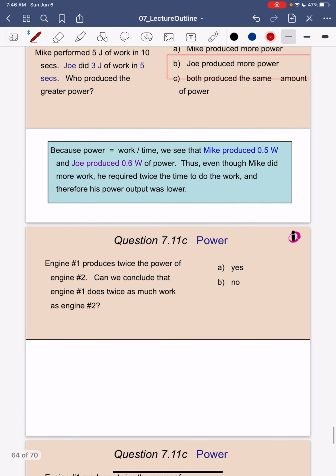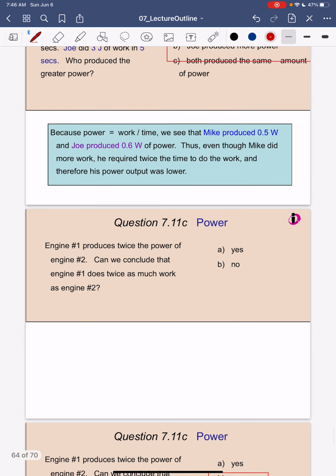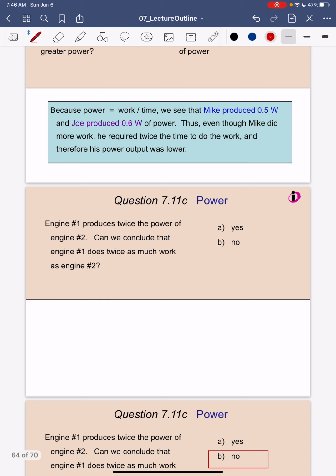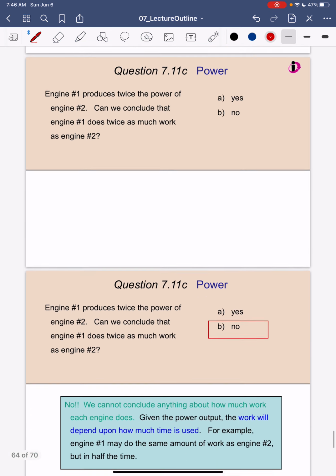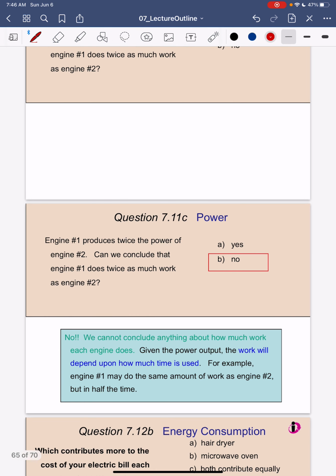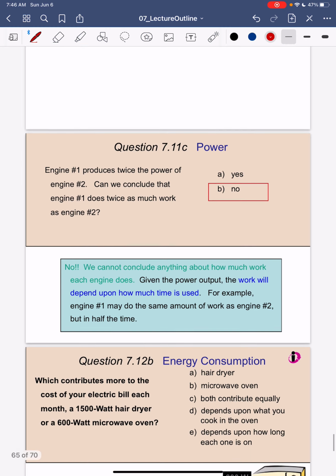Engine 1 produces twice the power of engine 2. Can we conclude that engine 1 does twice as much work as engine 2? We cannot unless we know the time, because time is also a key factor in calculating power.